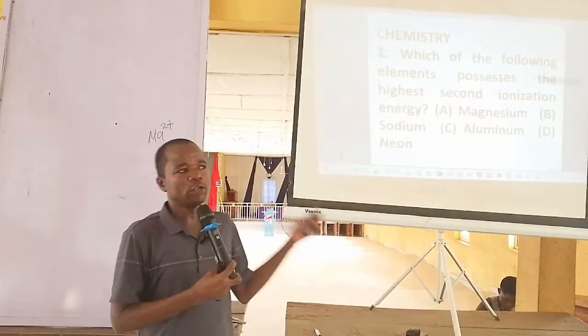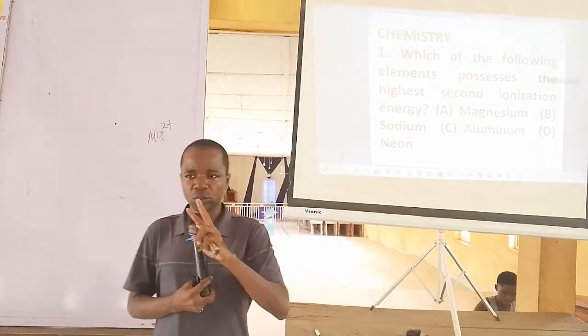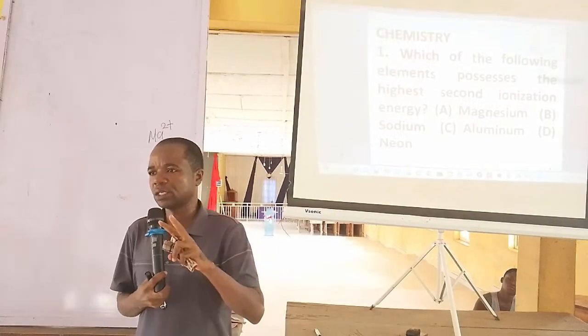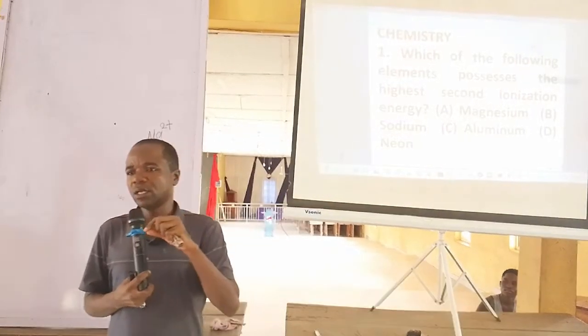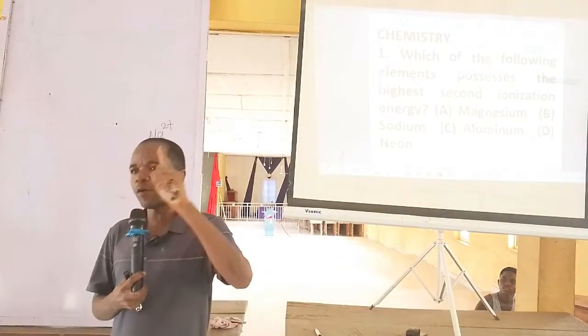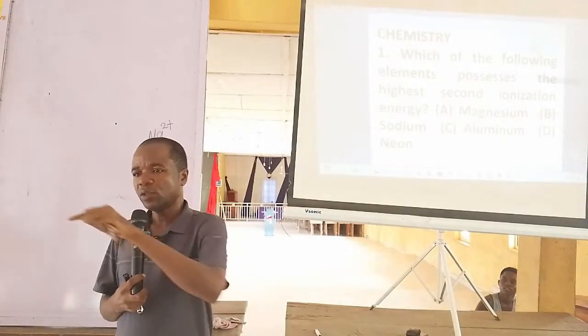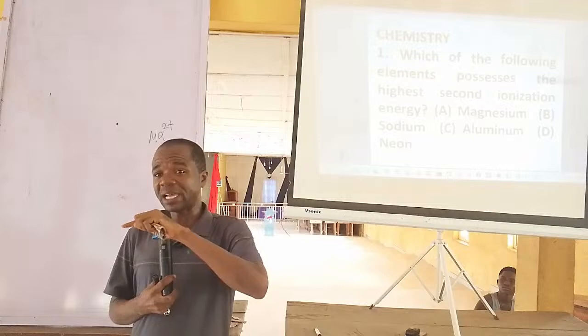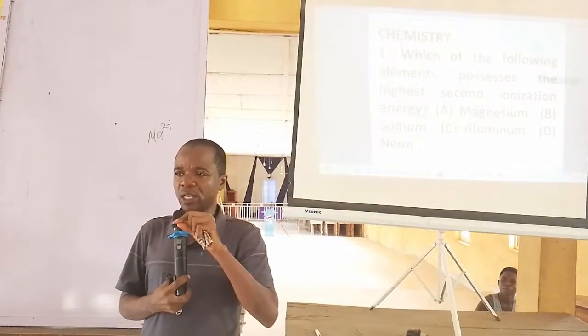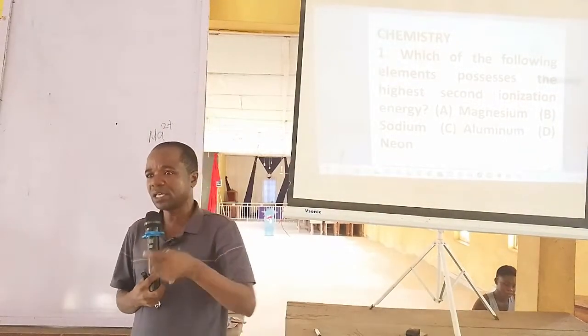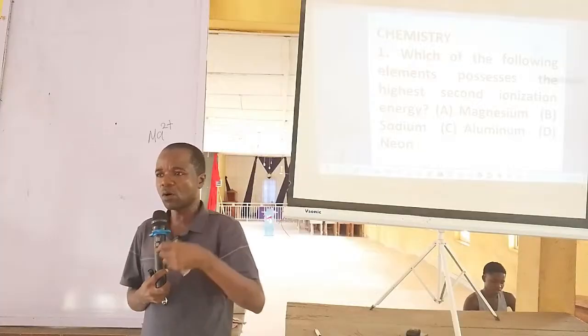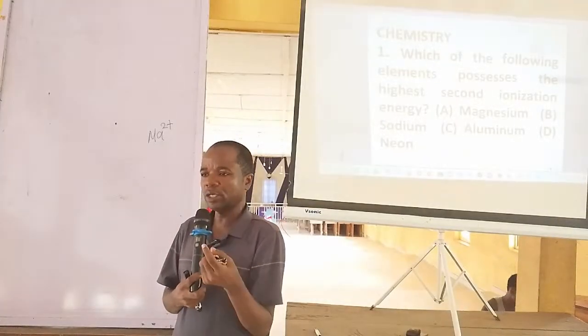So, if you come across a question like this, there are two ways of going about this. Any element that, after removing the first electron, has an electronic configuration like that of a noble gas, is going to have the highest second ionization energy. What do I mean?